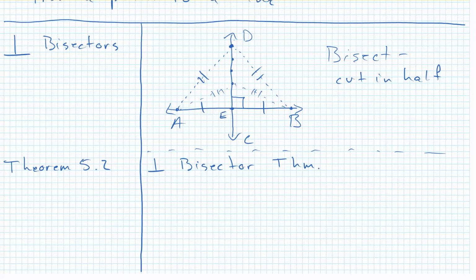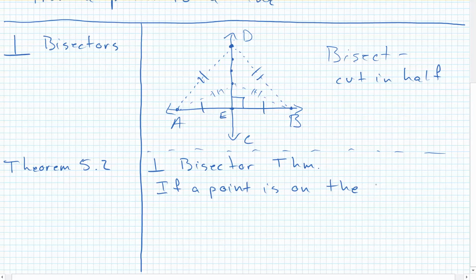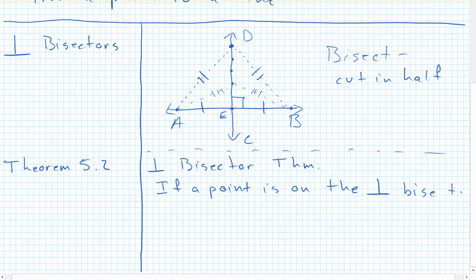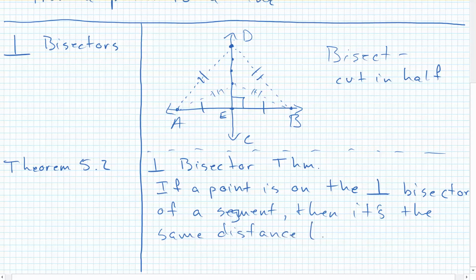And it says that if a point is on the perpendicular bisector of a segment, then it's the same distance, or equidistant, from both endpoints of the segment.